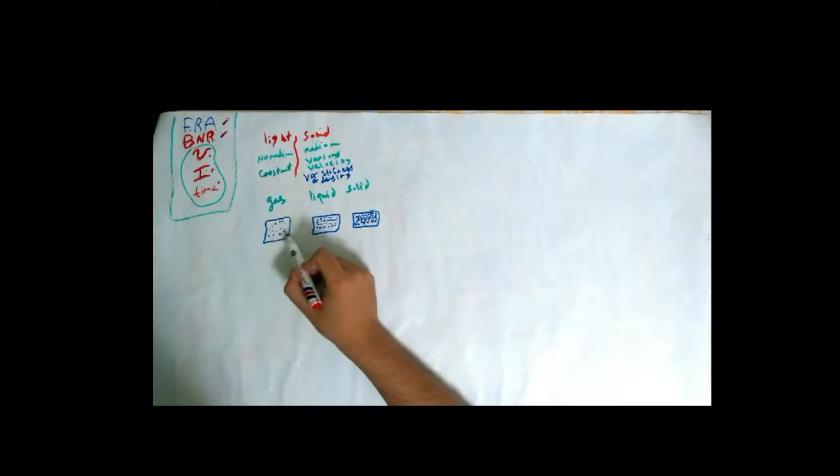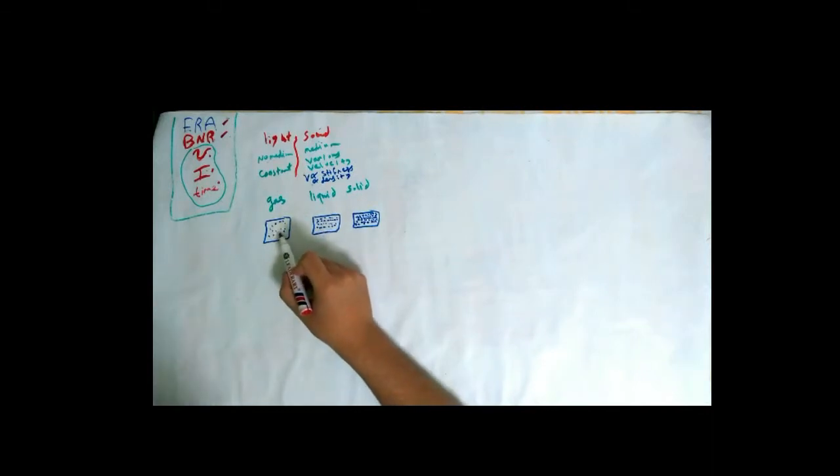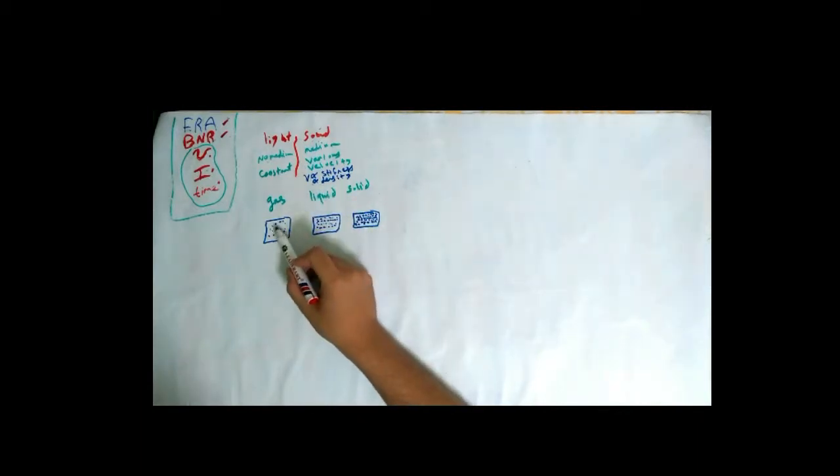If you notice now, despite the squares having the same size, in gas it contains a few particles because gas atoms and molecules have low stiffness, and stiffness means the attraction between the atoms and molecules. Since it has low stiffness, the atoms and molecules are far from each other.